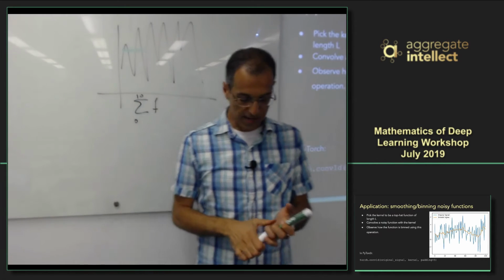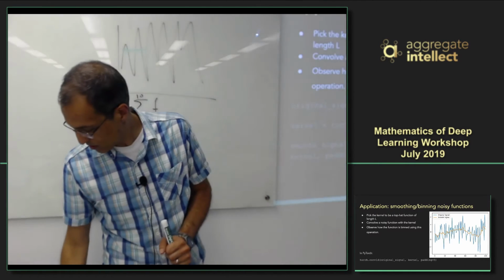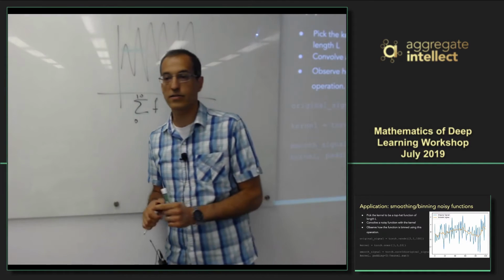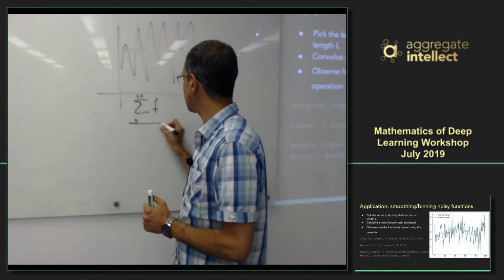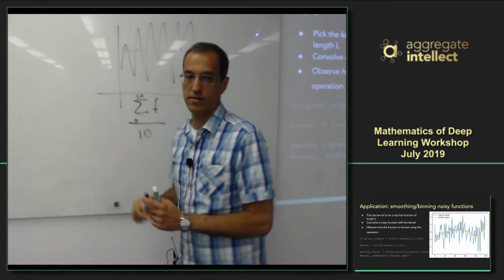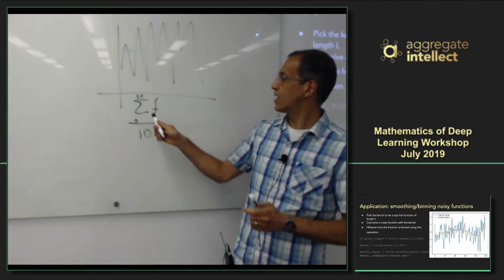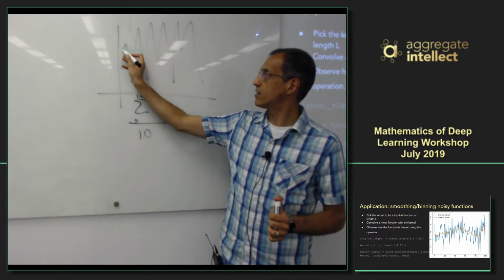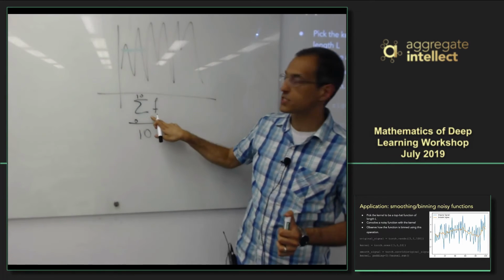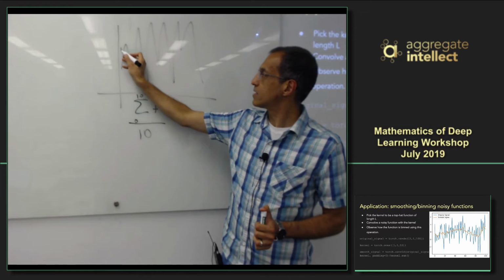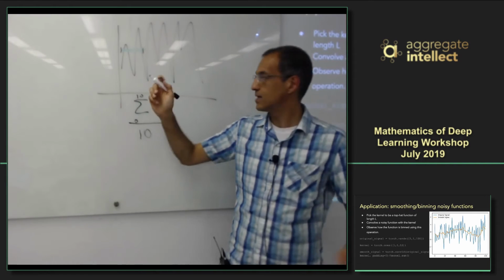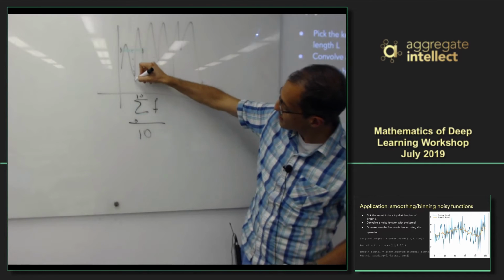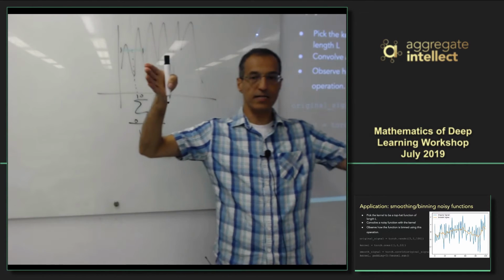And then what did we do? We divided by the kernel sum, which means we divided by 10, right? So basically, with this convolution, what we did was that we averaged our function f over a window of 10, and we put the value at the center of my interval.